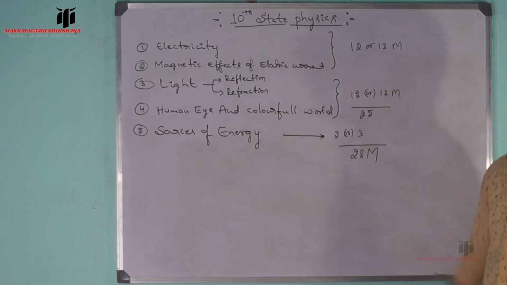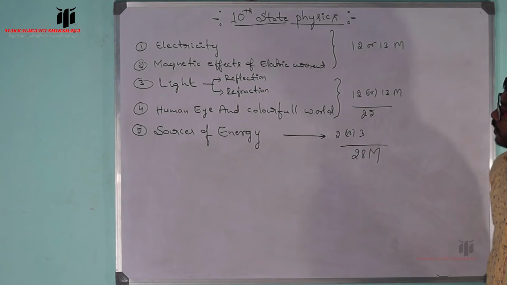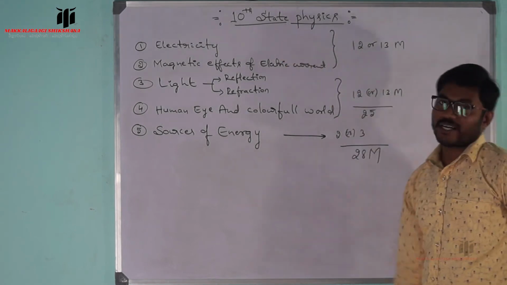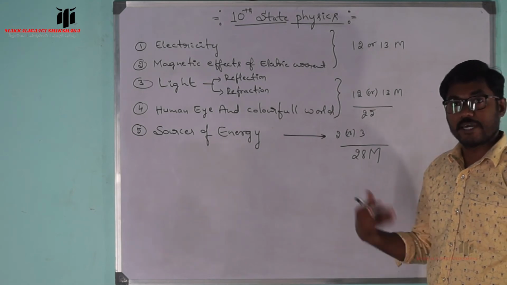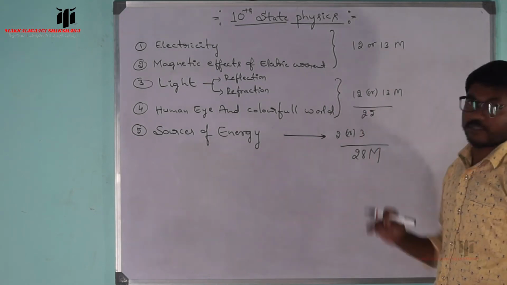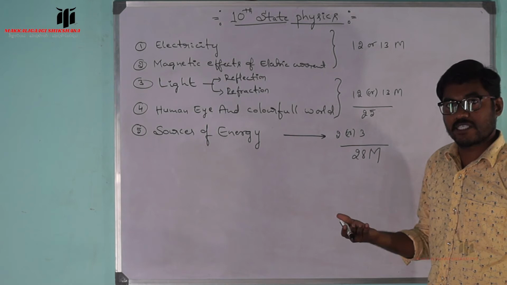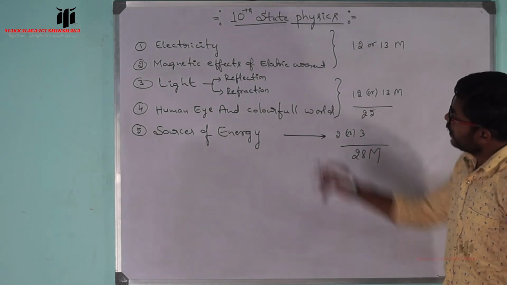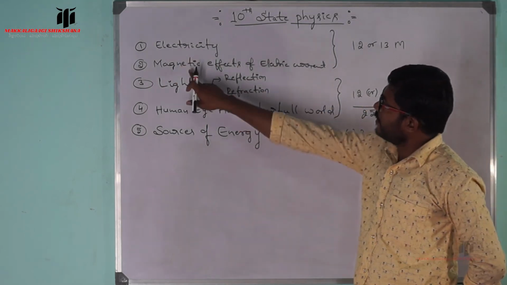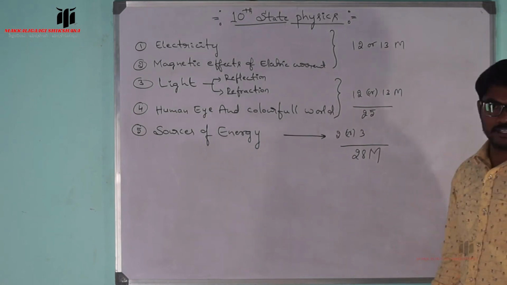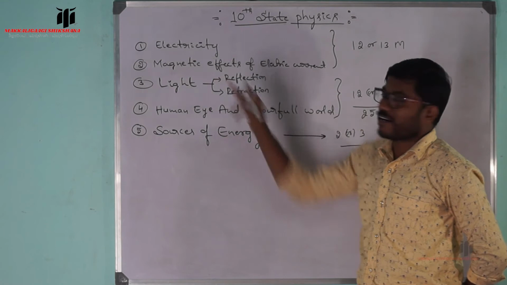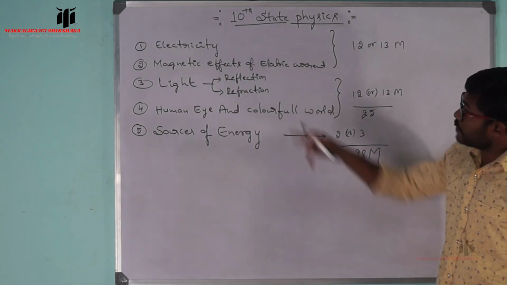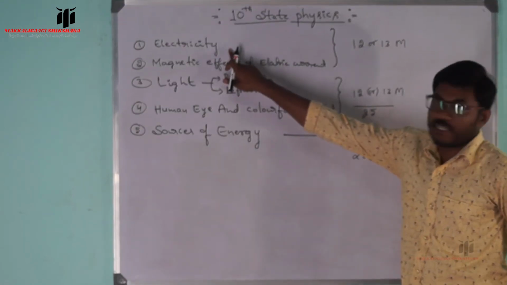The marks will vary in each chapter. So if you go by the content present in each chapter, based on that we can expect in which chapter they will ask more marks. Between electricity and magnetic effects of electric current, the content of electricity is more, so we can expect more marks from this chapter.